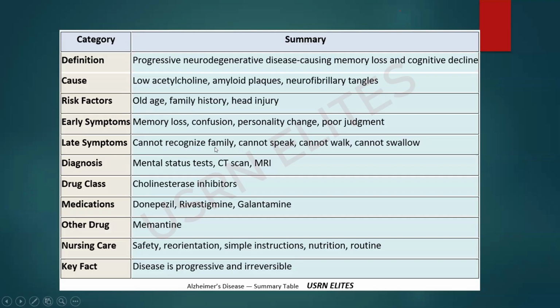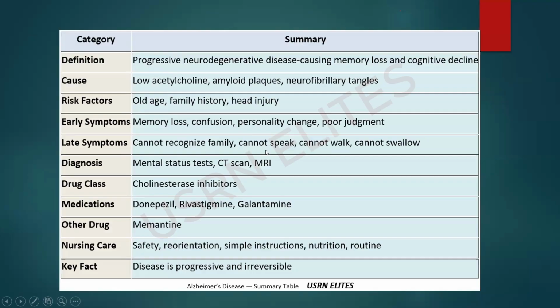If you are their brother, their sister, their mother, they cannot recognize you. That is when it gets to the extreme part of it. And so you see why we say it's a permanent thing, a continuous thing, and it causes permanent damage to the brain. Because if it were temporal, these things wouldn't be there at the late stage.